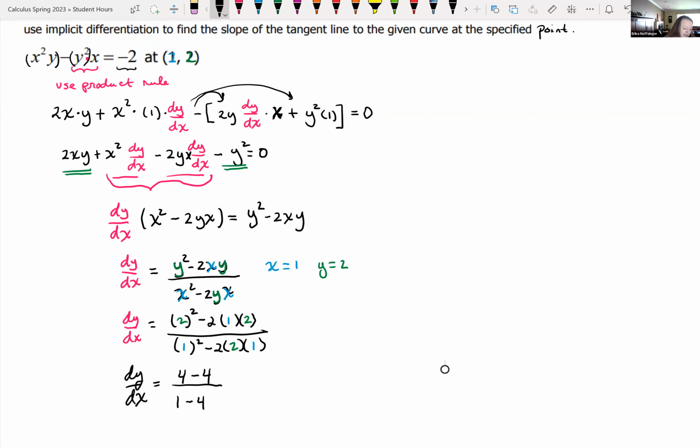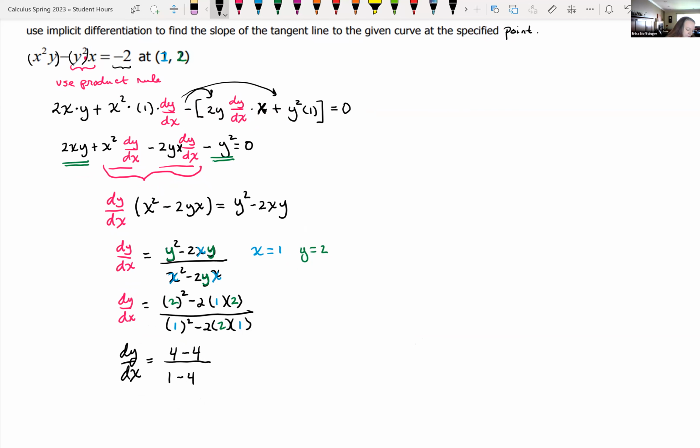So we get dy/dx is equal to 0 over -3, or 0. Okay, so the slope of the tangent line is 0 at (1, 2).